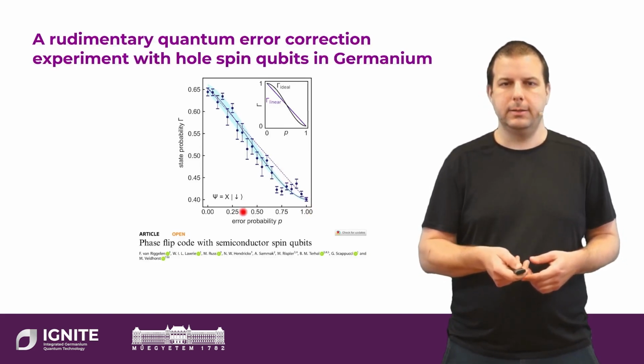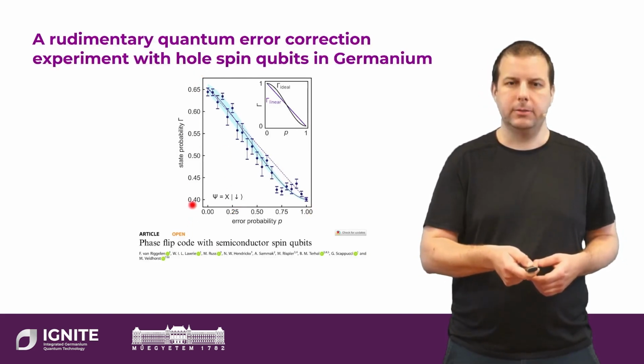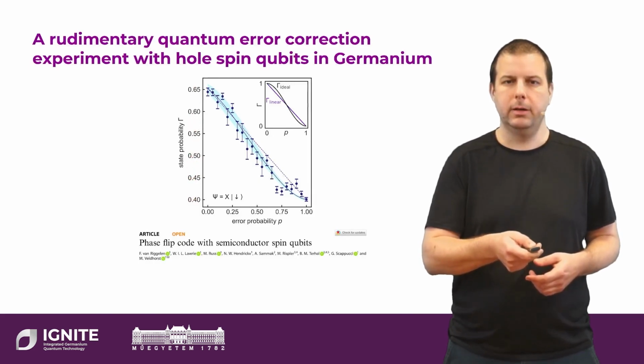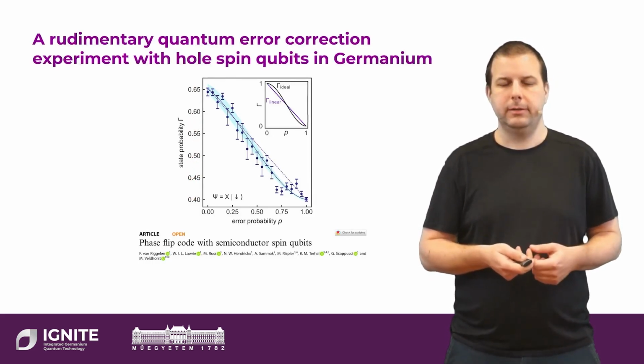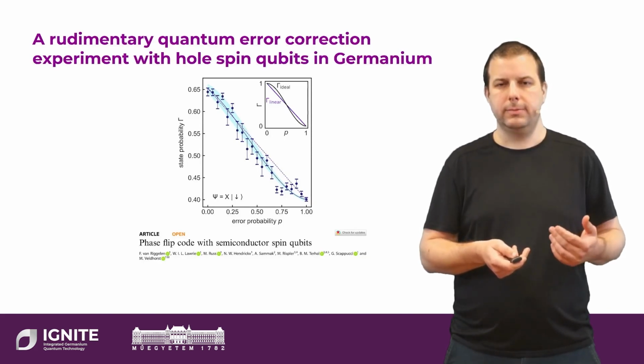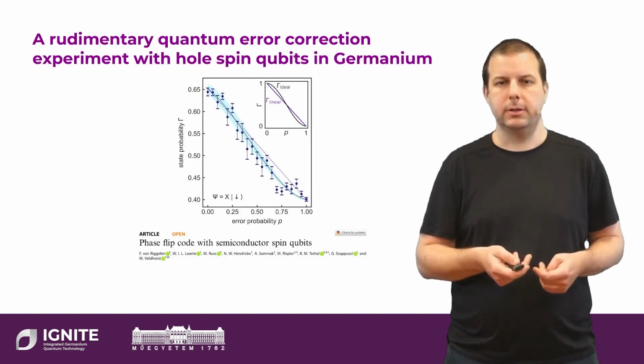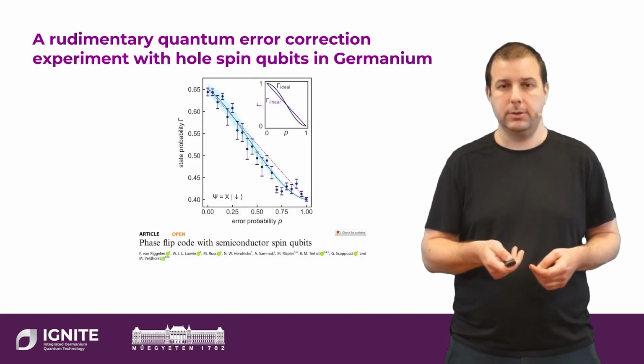And on the y-axis, you see some kind of a figure of merit. It is called the state probability gamma. This is a figure of merit which is quantifying the performance of the error correction scheme. Perfect performance corresponds to 1. And if this value is smaller than 1, that means that there are imperfections in the functionality of the error correction scheme.